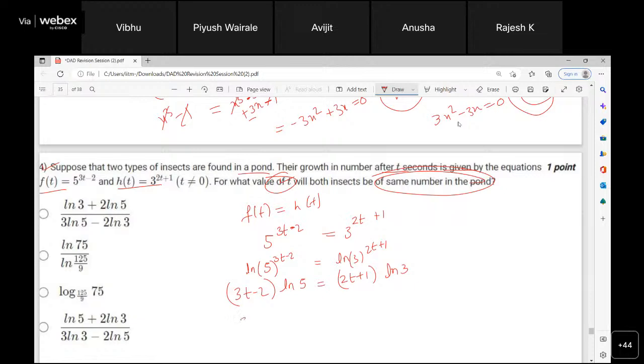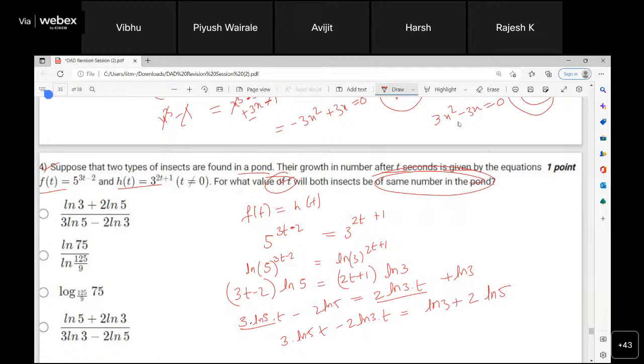So 3 ln of 5 into t minus 2 ln of 5 equals 2 ln of 3 into t plus ln of 3. Now bring this term to this side: 3 ln of 5 t minus 2 ln of 3 t, and on the other side ln of 3 plus 2 ln of 5.